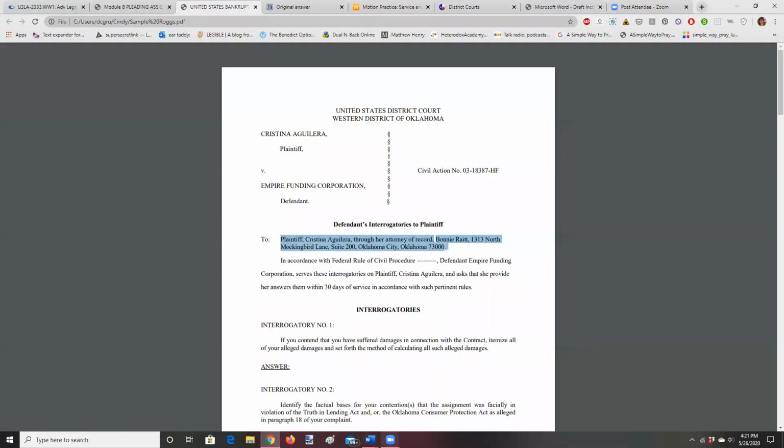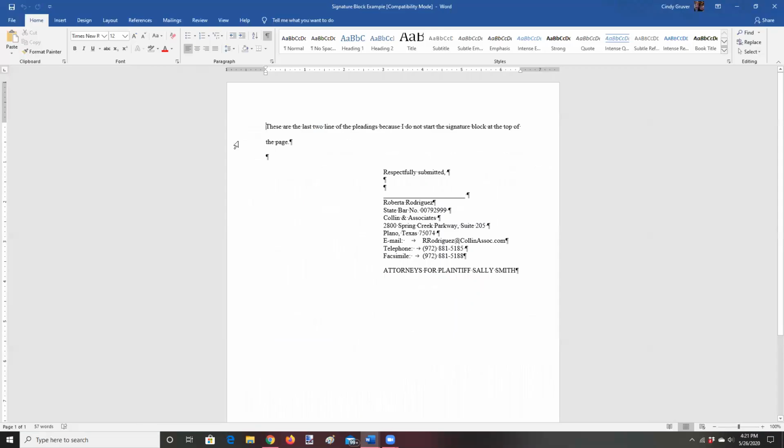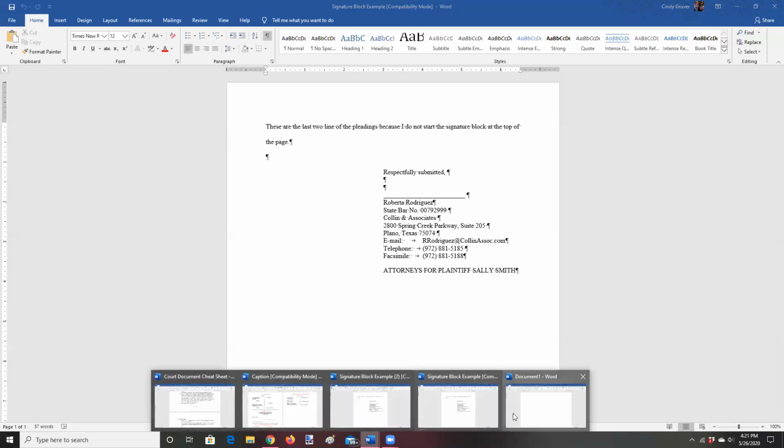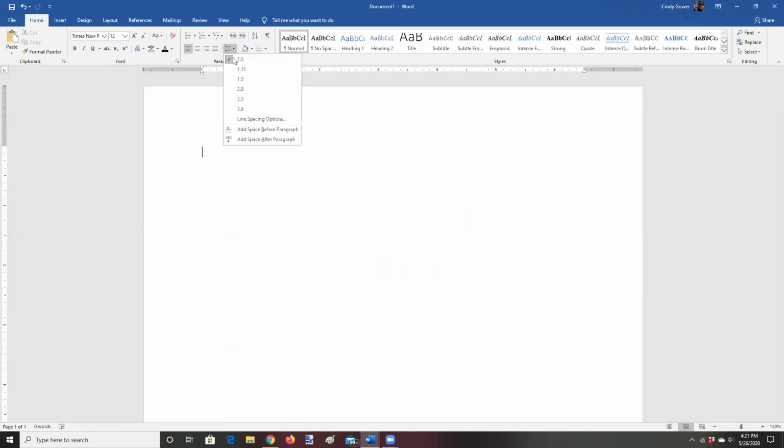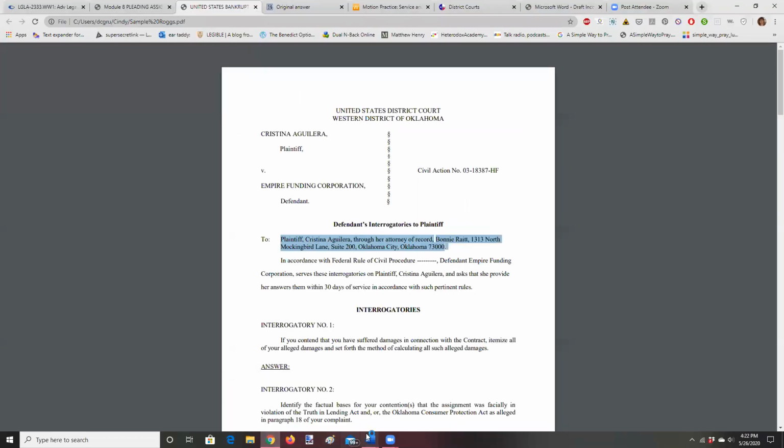Let's go look at the formatting here. Actually, I'm in the wrong document here. I'm going to go here. So we have add and add, so we're good. But look, it's the wrong spacing because we're supposed to start at 1.15. Okay.